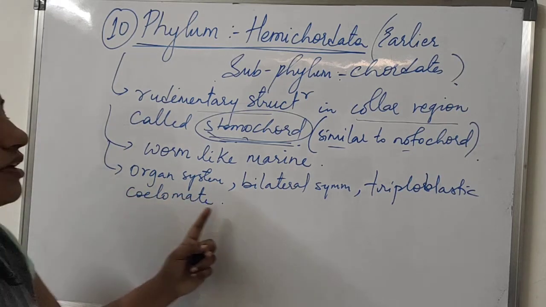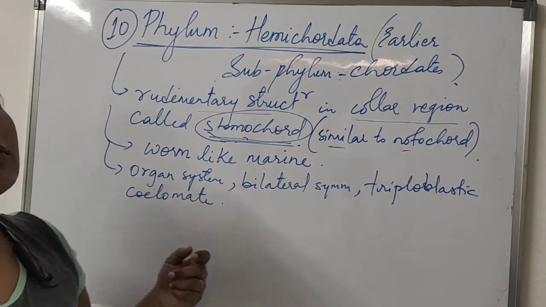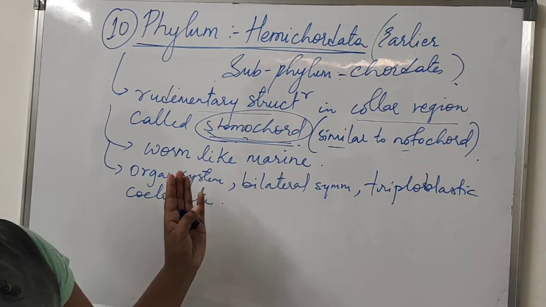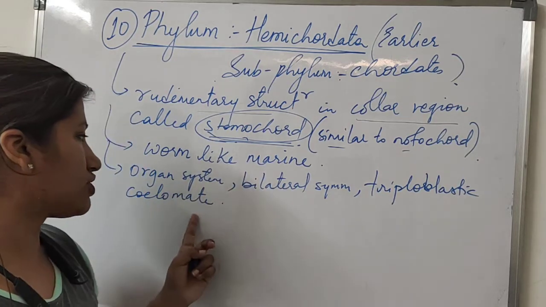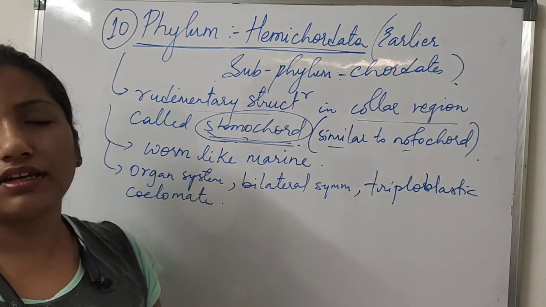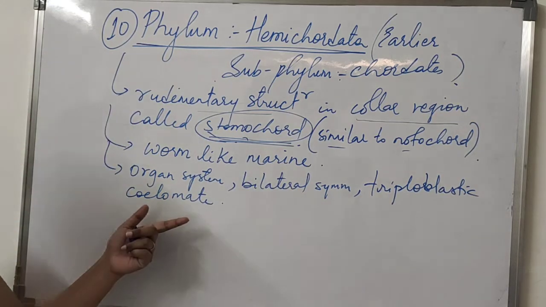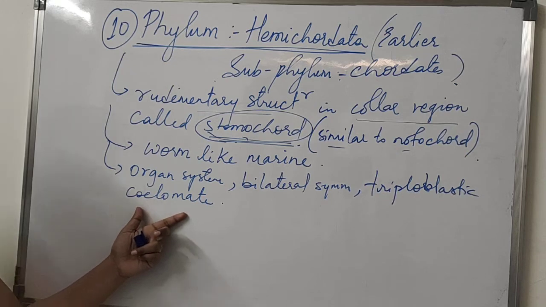All the organisms will be organ system, triploblastic, coelomate, because we are going to see the higher group of organisms. We have already seen the higher group of organisms with this organization, triploblastic coelomate organ system. Now in chordates, all are higher group of organisms, so almost every organism has this kind of organization.